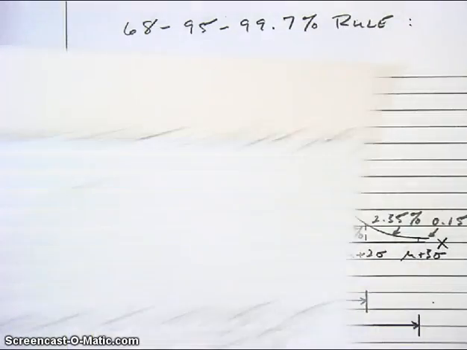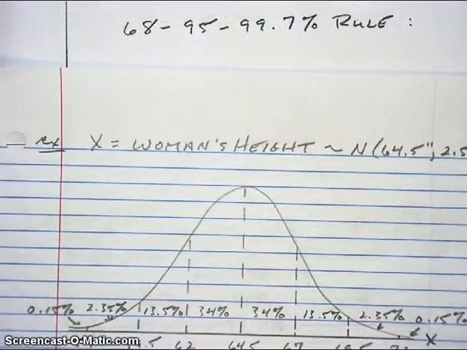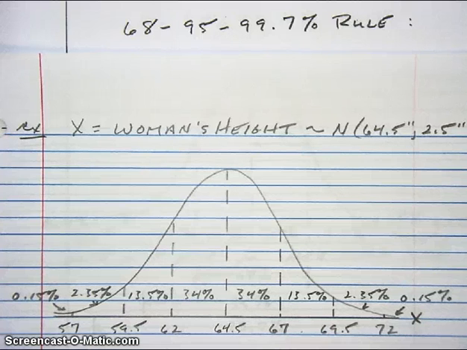For example, suppose we're interested in women's heights, which are normally distributed approximately with a mean of 64.5 inches and a standard deviation of 2.5 inches. What I've done is here on my x-axis, remember I've defined x up there as women's heights, so it's okay to use an x down there.